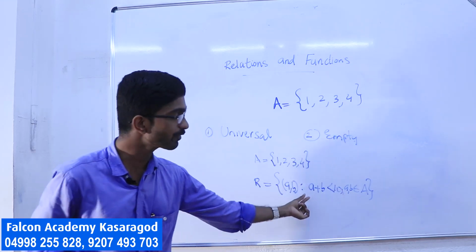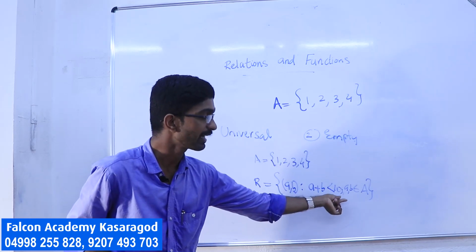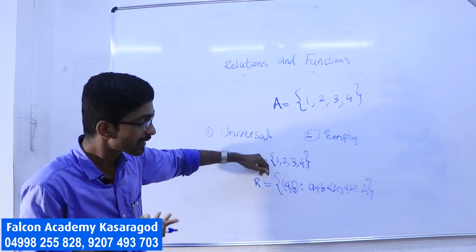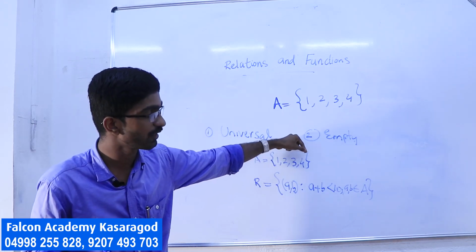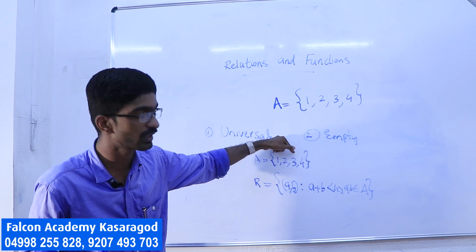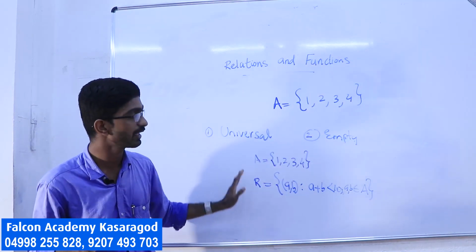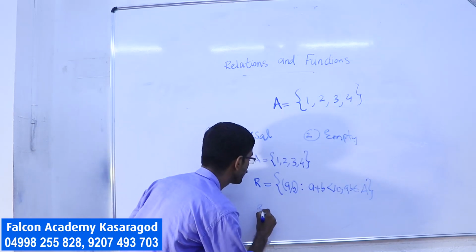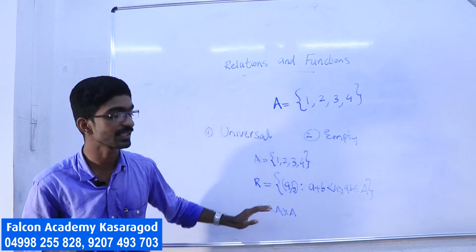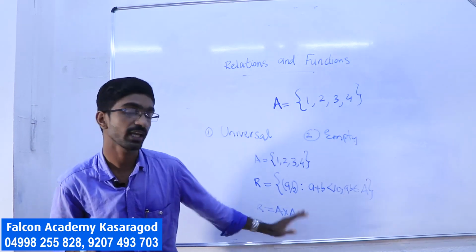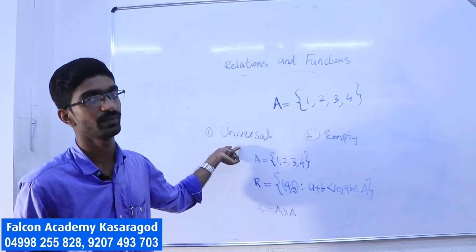So the sum of the elements in this ordered pair must be less than 10. Clearly this R contains elements 1, 1, 2, 2, 3, 3, 4, 4, 1, 2, 2, 3, and so on. So this relation contains all the elements of A cross A. So this relation is nothing but A cross A. Thus, I can say that this relation R is universal.